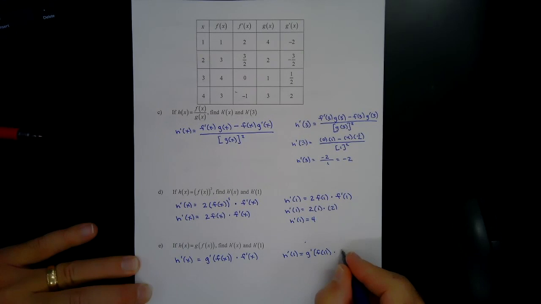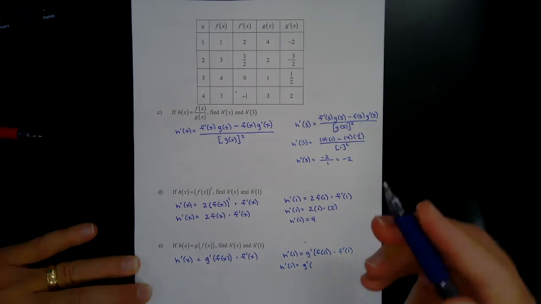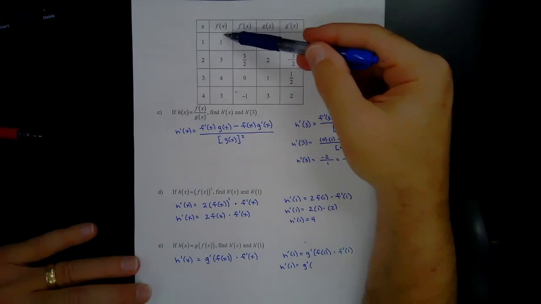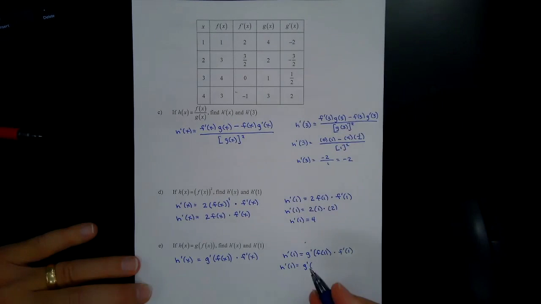Times f prime of 1. Okay, so that means h prime of 1 would equal g prime of, and we got to find f of 1. Well, f of 1 is 1, times f prime of 1. So to figure this out, we got to find g prime of 1 and f prime of 1, and we get that from the table.